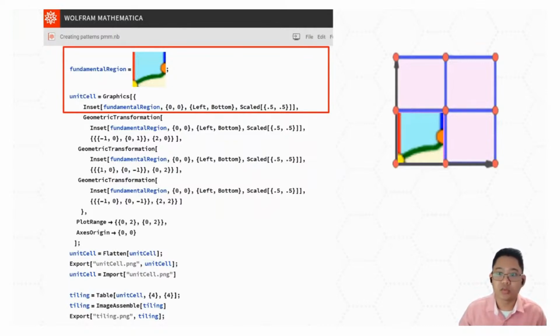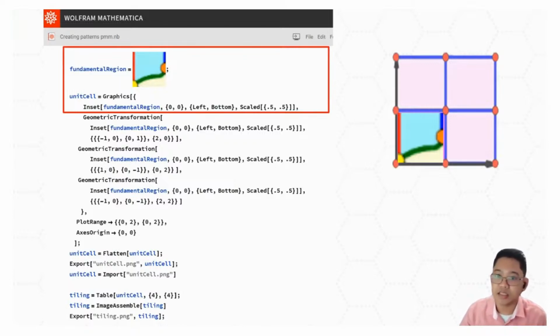Now, later on, we are going to use symmetries in order to propagate this fundamental region in the infinite plane. The first thing that I need to do is to fix the location of that particular fundamental region, and that's going to be important because we will be doing reflection along an axis.